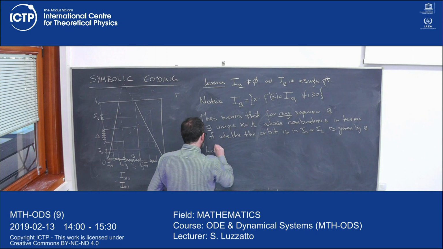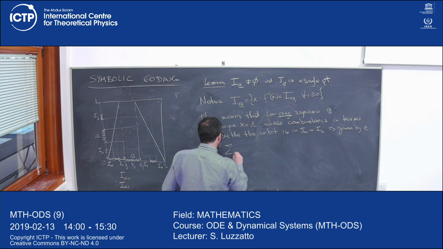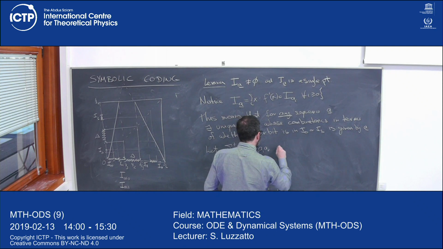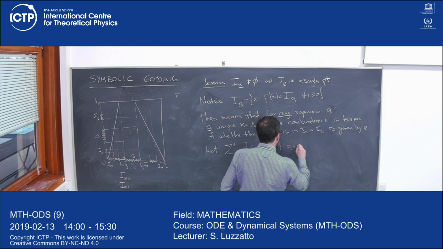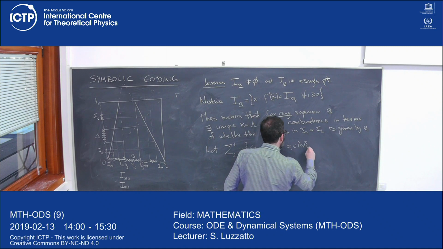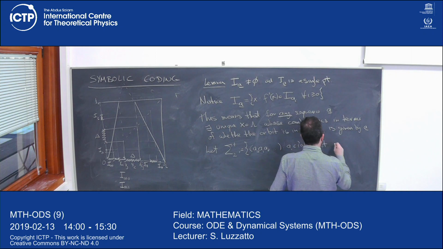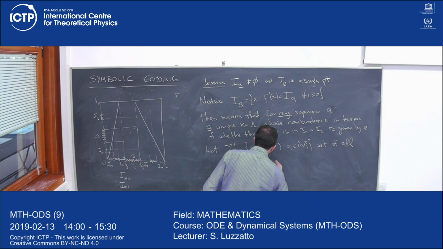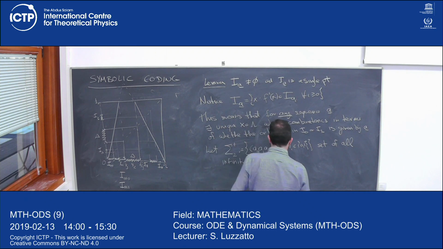So let sigma 2 plus be equal to the set of all such sequences a0, a1, a2, and so on, where each ai is in {0, 1}, the set of all infinite sequences of 0 and 1.